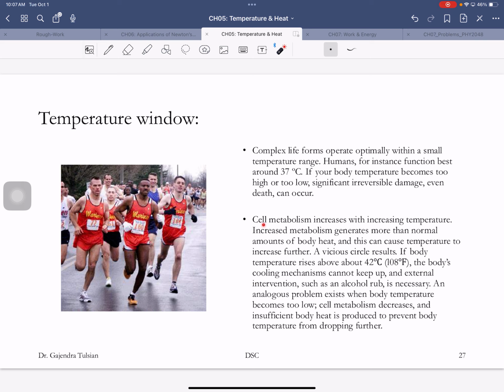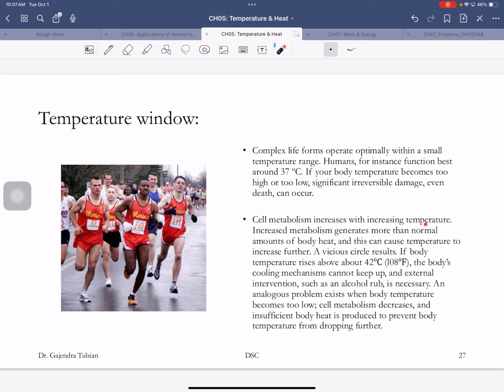Cell metabolism increases with increasing temperature. Any reaction rate will increase with increasing temperature. Increased metabolism generates more than normal amounts of heat, so it's a vicious cycle. If your body temperature is higher, you're producing more heat, and that's making the situation worse.